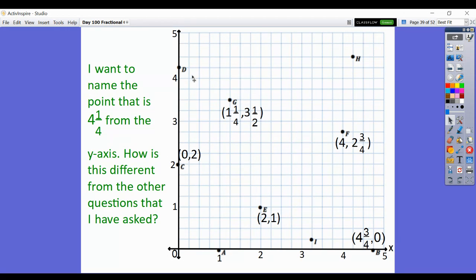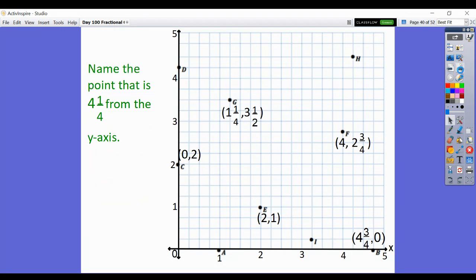So that point would be 4 and 1/4. That would be point H. Movement on the x-axis is away from the y-axis. Movement on the y-axis is away from the x-axis.